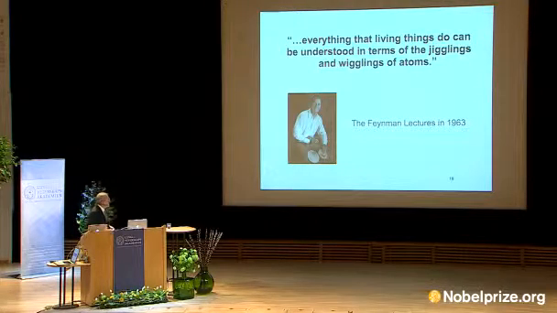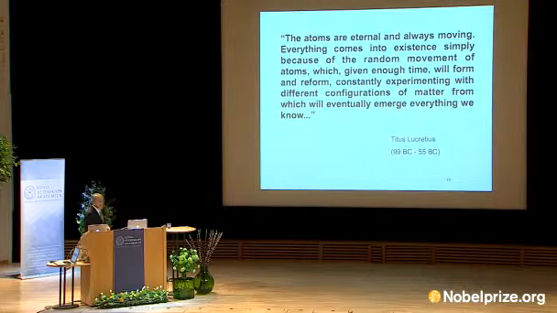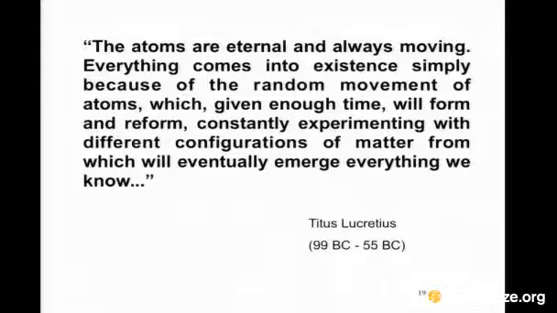And this is, again, this very well-known statement: everything that living things do can be understood in terms of the jigglings and wigglings of atoms. But you might be interested that 2,000 years before, a Greek poet, Titus Lucretius, made the following statement: the atoms are eternal and always moving.